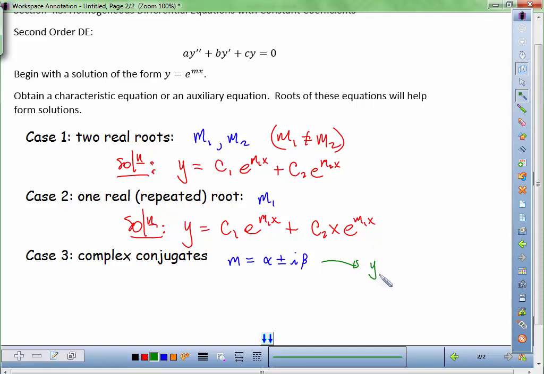One of your solutions is going to end up looking like e to the alpha times e to the i beta, and then i beta becomes, by Euler's, sine and cosine, right?